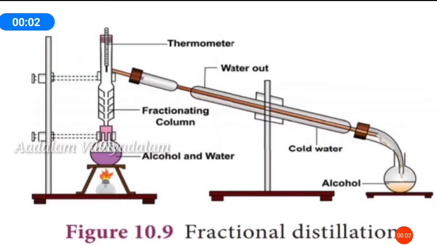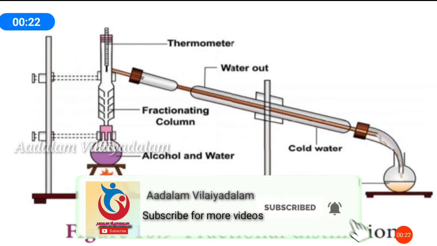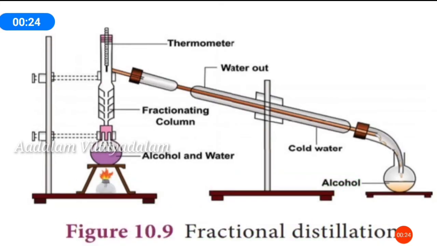In this fractional distillation apparatus, two miscible liquids are taken in a distillation flask and heated for boiling. On heating, vapors from a boiling solution are passed through a tall column called the fractionating column. The temperature of the column gradually decreases along its length.